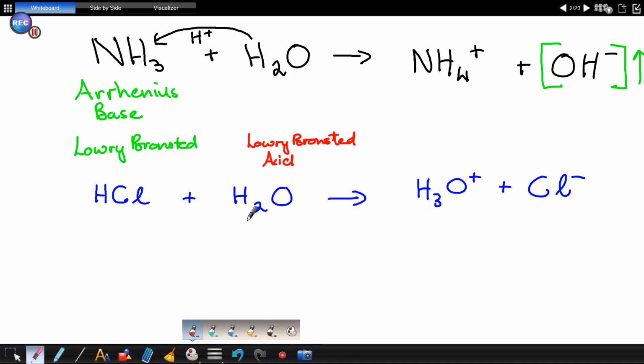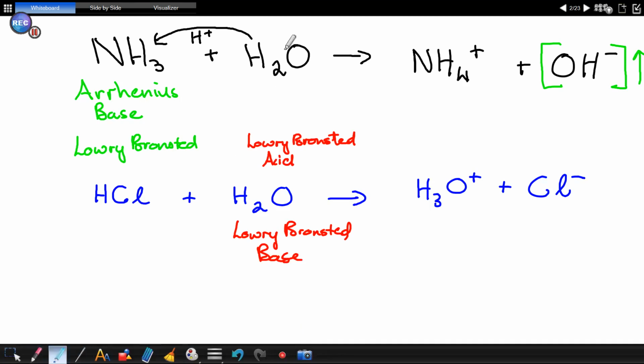This is a Lowry-Bronsted base. Okay? There the water is an acid. Here the water is a base.